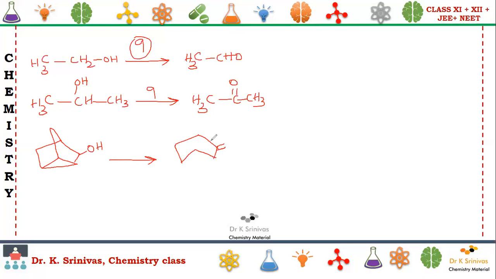Double bond over here, remaining everything is the same. So what you have to do, you can use any one of the reagents. So we are going to see the conversion of the secondary alcohol to the corresponding ketone.